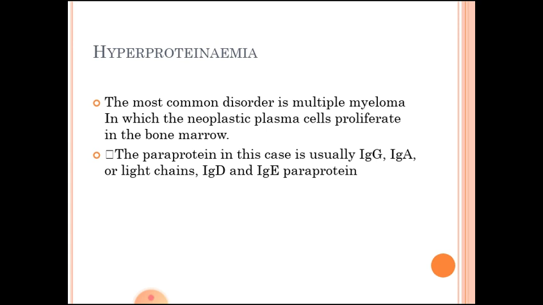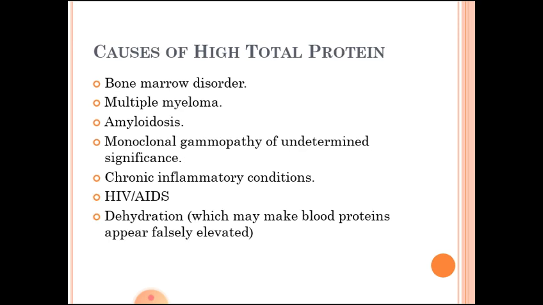The most common disorder is multiple myeloma, in which neoplastic plasma cells proliferate in the bone marrow. The paraprotein in this case is usually IgG, IgA, or light chain, or less commonly IgD and IgE paraprotein.